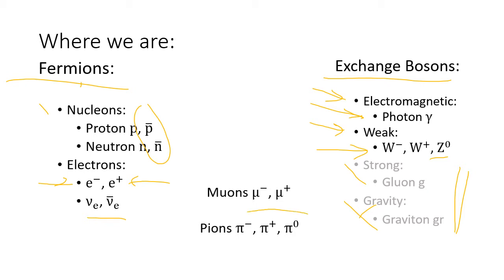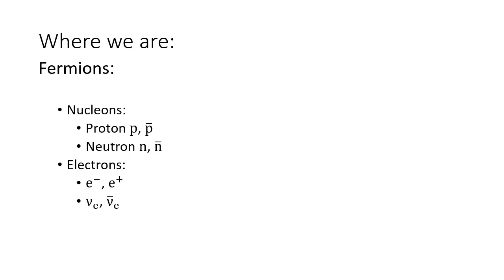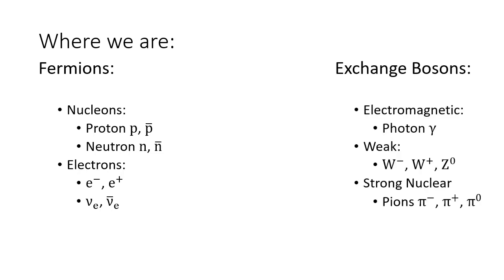And so in our semi-classical thinking about how the universe works, they complete this list. And so we don't need anything extra. So we can redraw that. So now I've taken out those greyed out ones that aren't really part of our course, and I've popped in the pions as being the exchange bosons for the strong nuclear force.